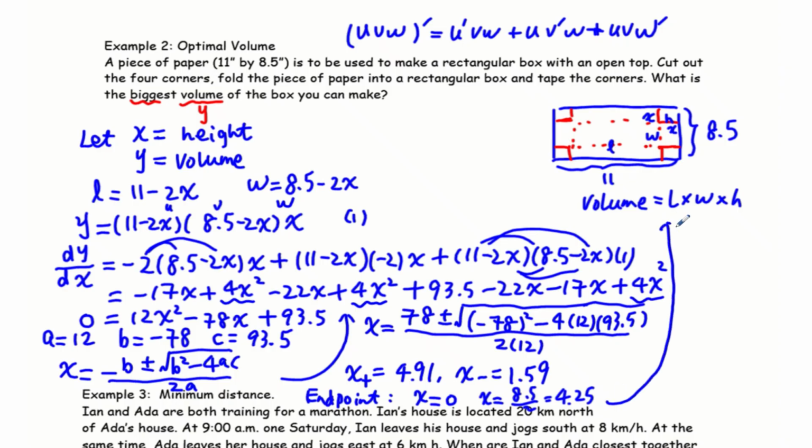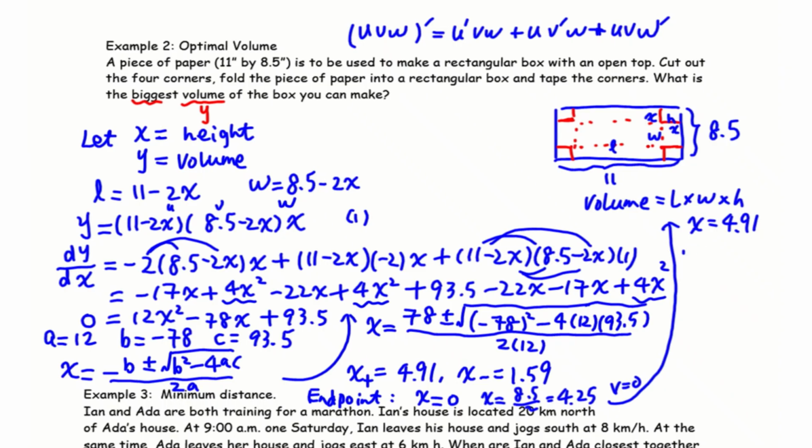Okay, so for these two, you will find that volume is 0. So we just need to find these two, which one has a bigger volume. So x equals 4.9. Sub into this equation.